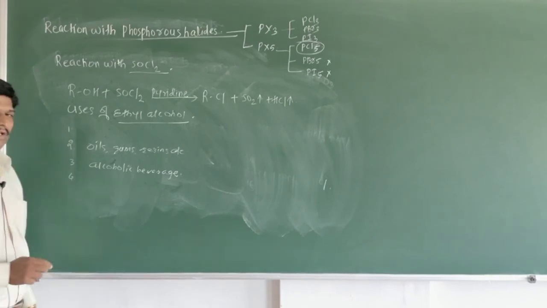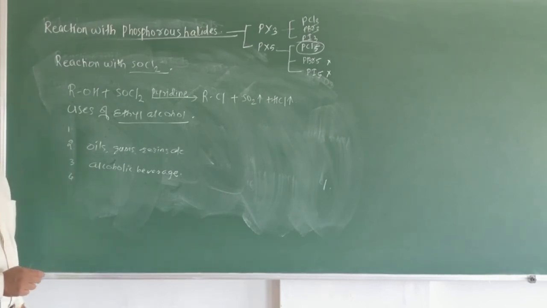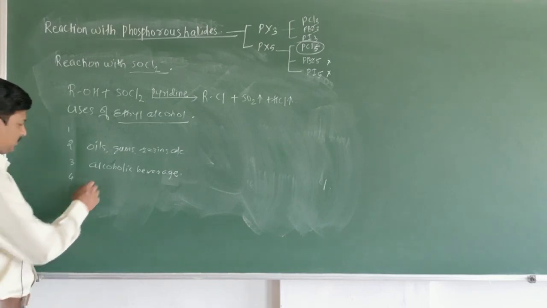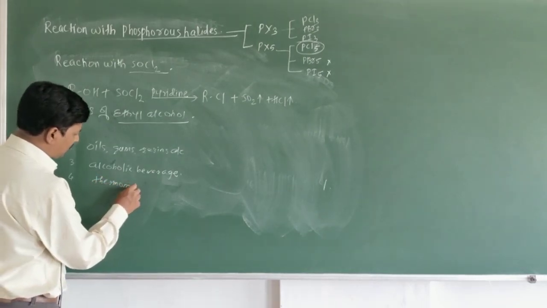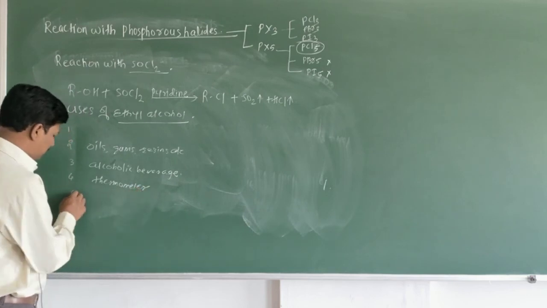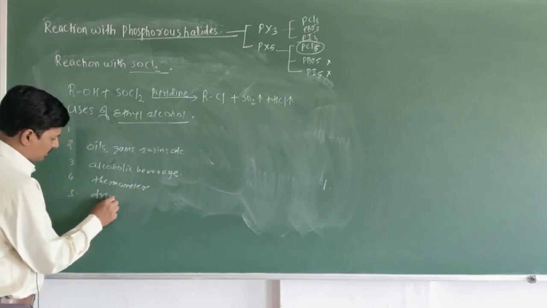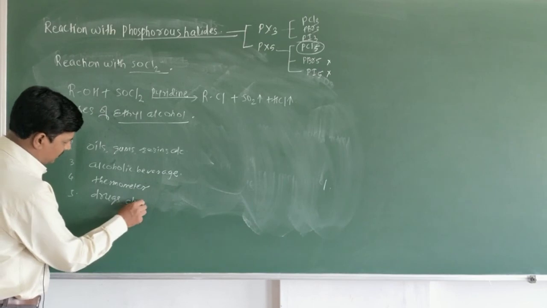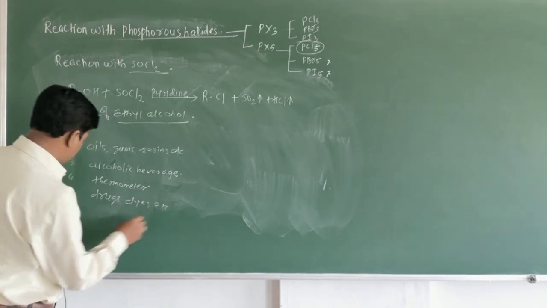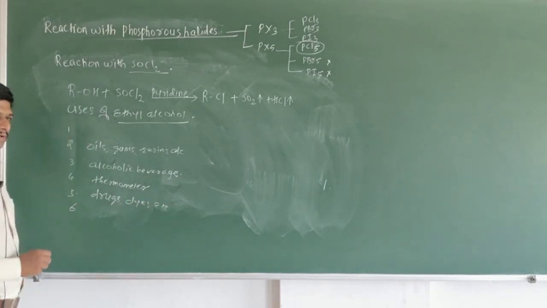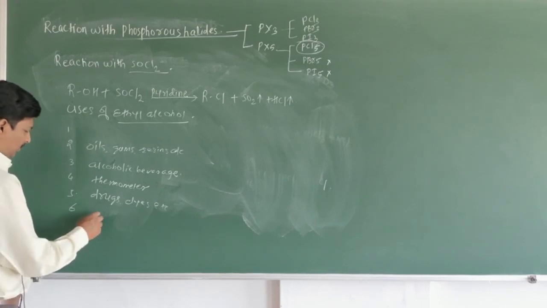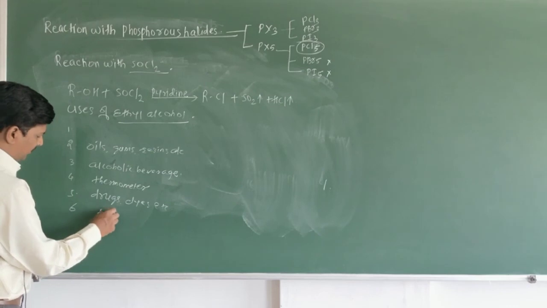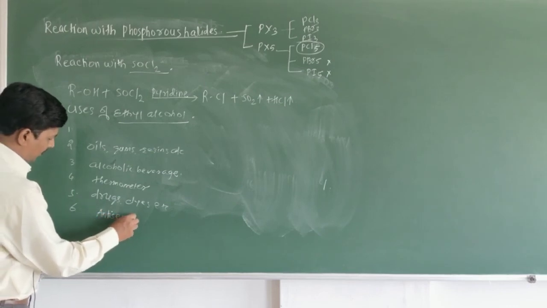Next, ethyl alcohol is used in thermometers. Then it is used in the preparation of drugs, dyes, etc. The next use is that ethyl alcohol is used as an antiseptic.